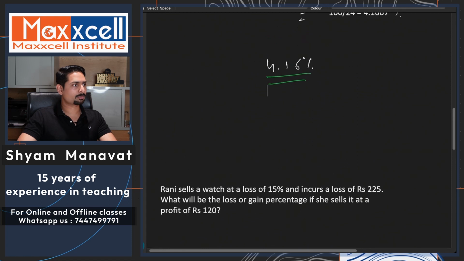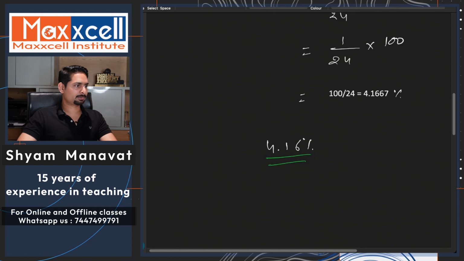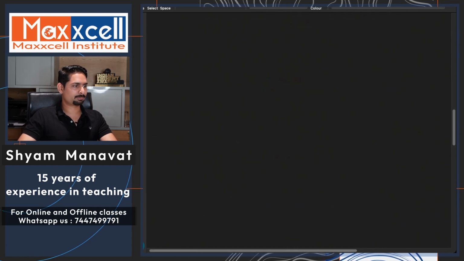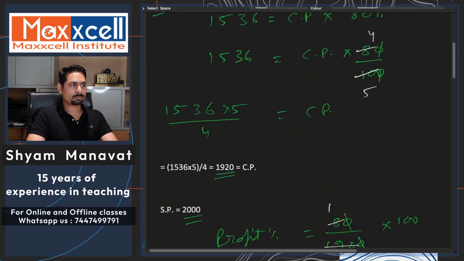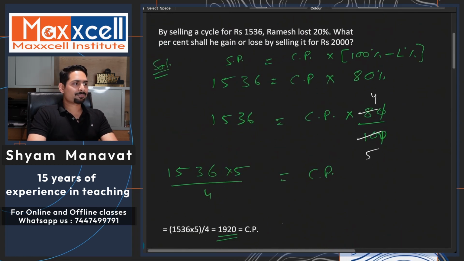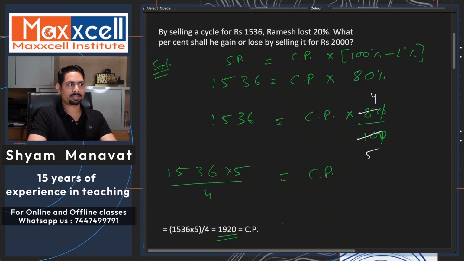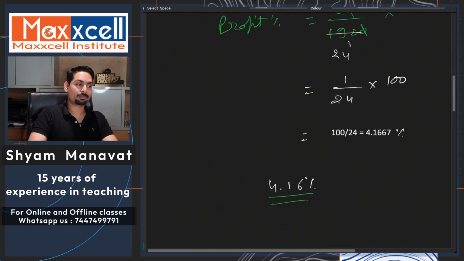I hope that's clear to you. Let me show you an alternate method. You can go for whichever you find easy. Now here again, 1536, Ramesh lost 20%. If the selling price is 2000, what would have been the profit or loss percent?